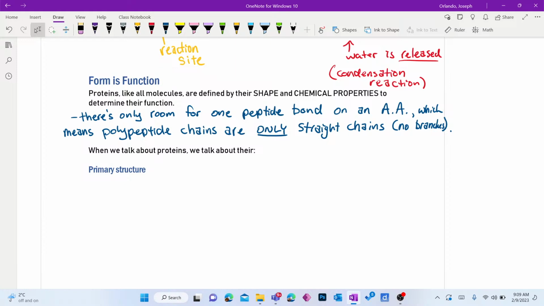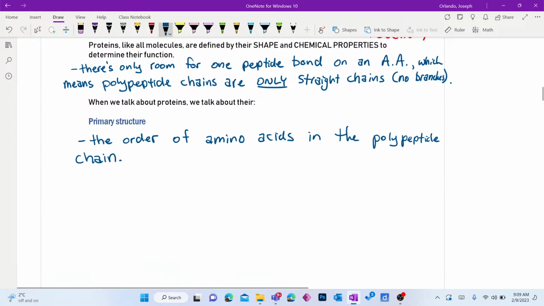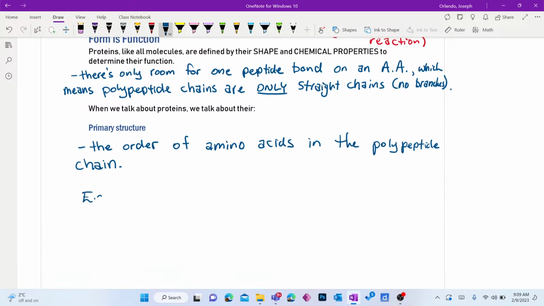This is the order of amino acids in the polypeptide chain. All right.